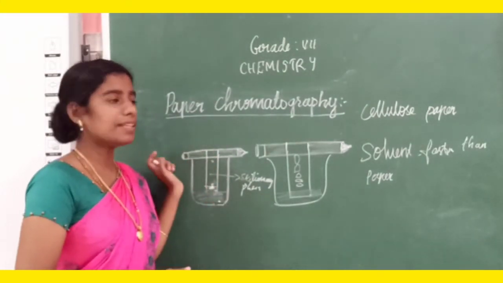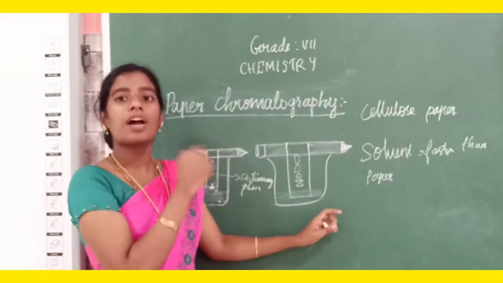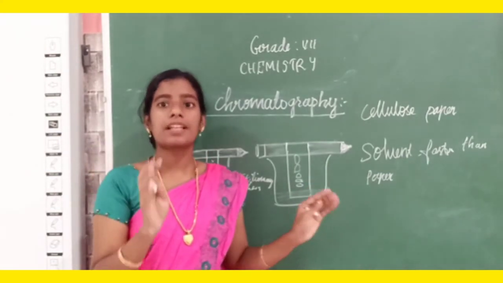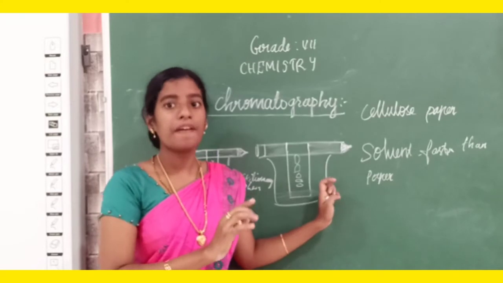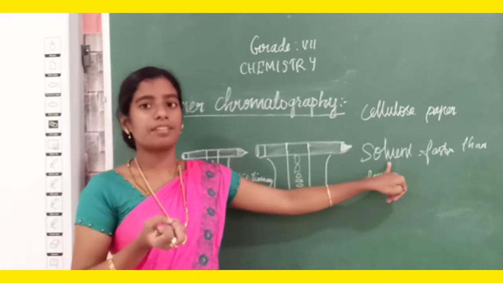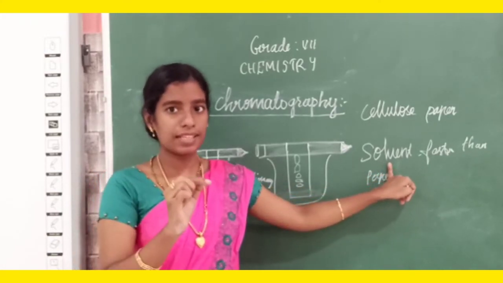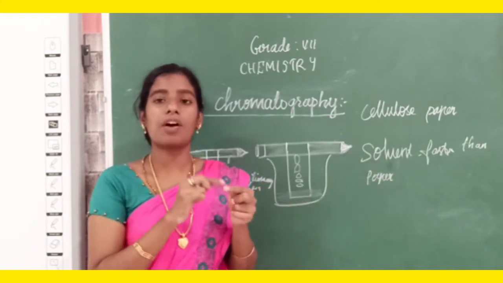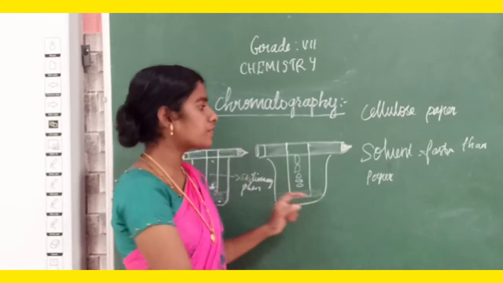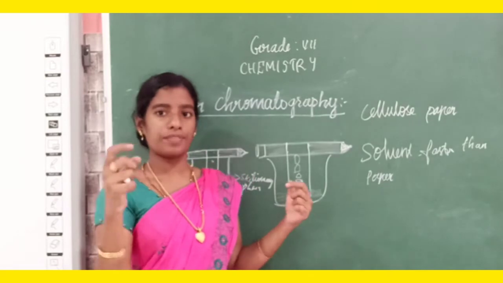What happens is, ink has some substances. The substances of the color which have higher attraction to the solvent, that is, when the liquid touches the ink, the particles of that ink which are highly attracted to the solvent will move faster along with the liquid.